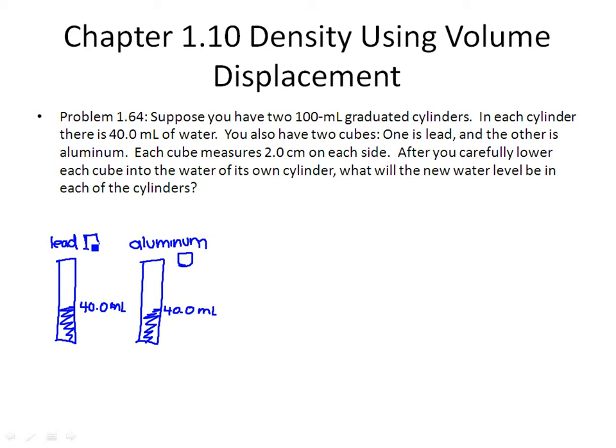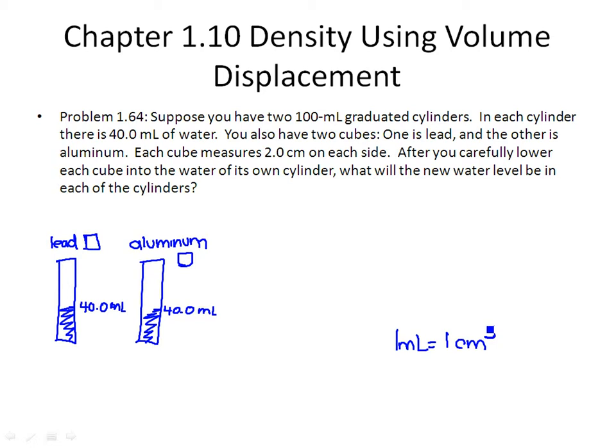After you carefully lower each cube into the water, what will the new water level be for each of these cylinders? A lot of students think, well, what's the centimeters telling me? How do I use this? If we remember that 1 milliliter is equal to 1 centimeter cubed, and we have a cube, then we can take length times width times height.